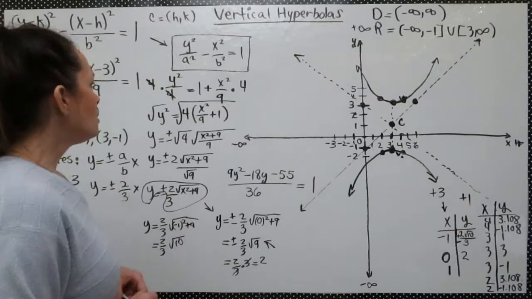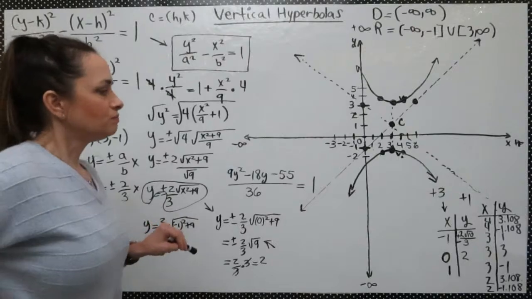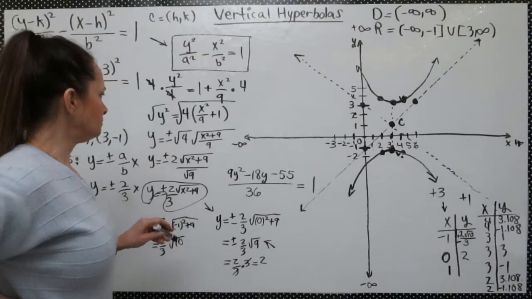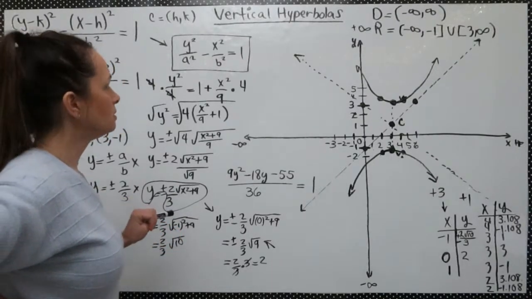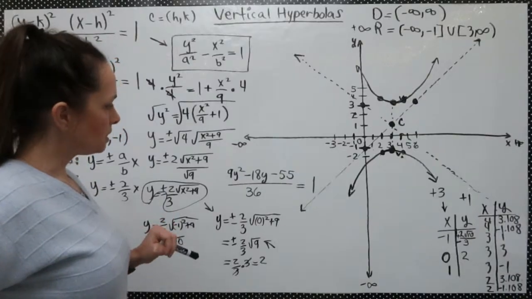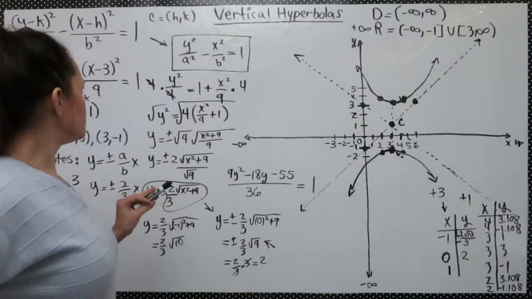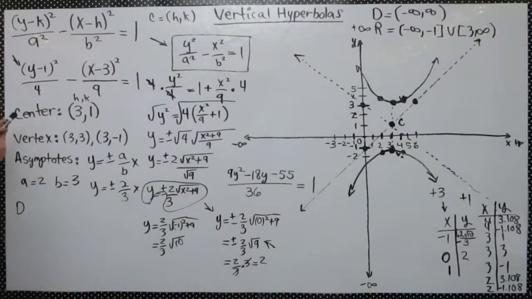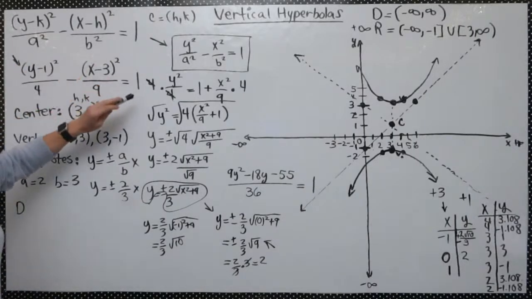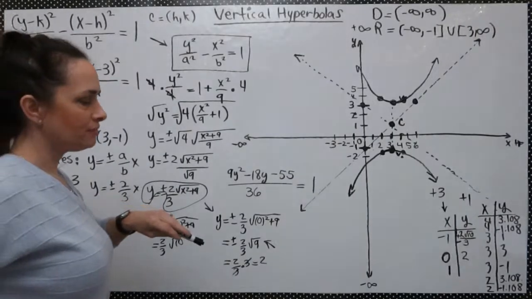So I got a little discouraged yesterday when I was graphing the vertical hyperbola, because I decided to try to use this form of the function to evaluate the graph.